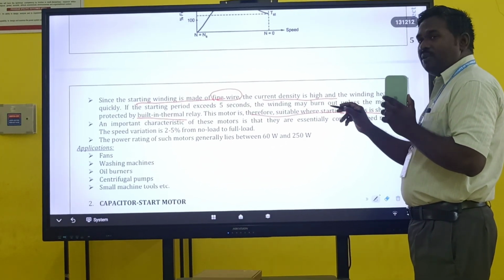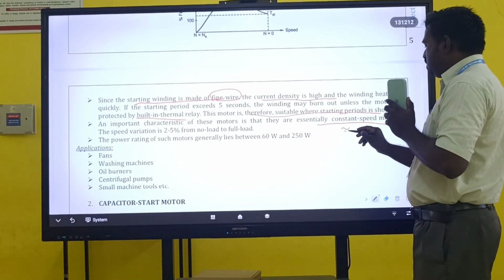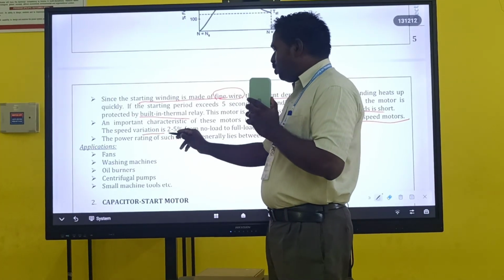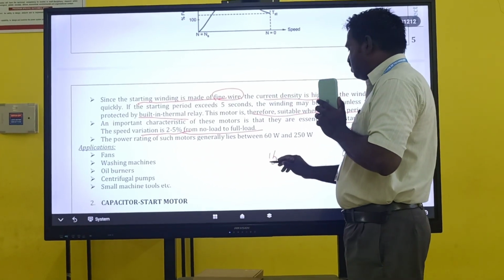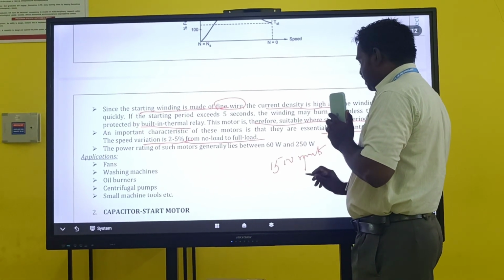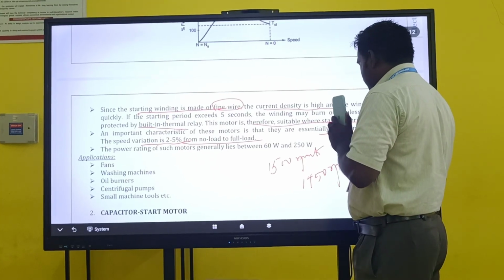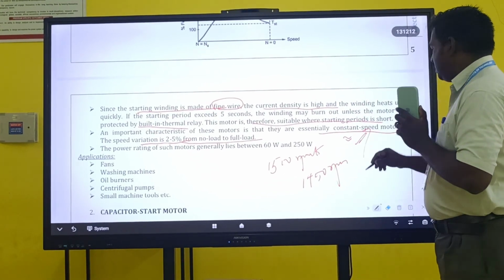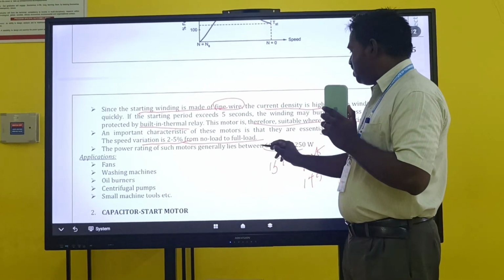Since it runs below the synchronous speed, it is almost a constant speed, with speed variation of 2 to 2.5% of the full load, in between 1100 rpm to 1450 rpm.